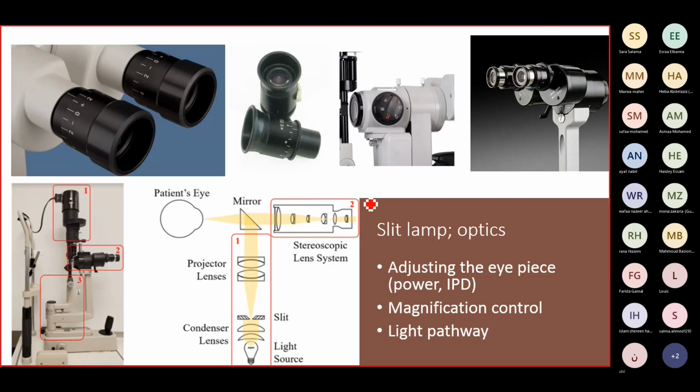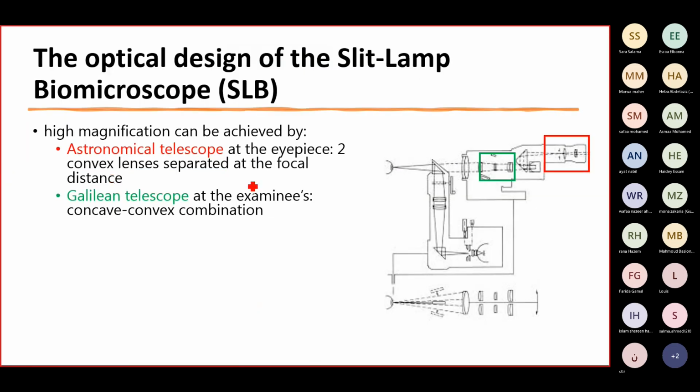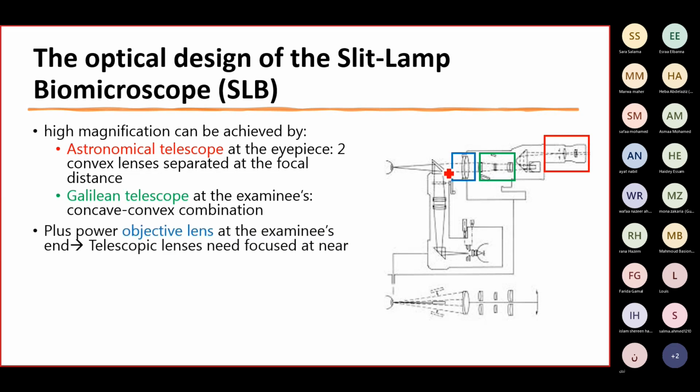Okay. And if we talk about the optics, we have the eyepiece, which is an astronomic telescope formed of two convex lenses, which will end up giving an inverted image. We have a Galilean telescope towards the observed eye. It's formed of a convex and a concave lens, which will end up giving an erect image. And then we have what we call an objective lens to focus the image for near.